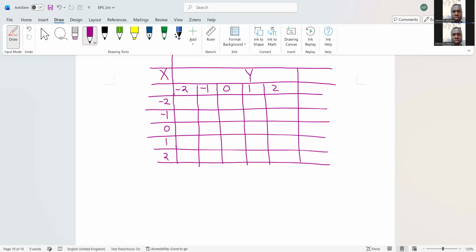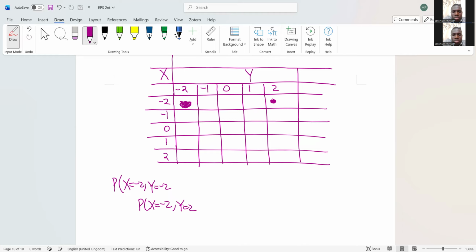Look at the value which is supposed to be put there. That is the value which should correspond to x equals -2, y equals -2. That is the probability of x equals -2, y equals -2.